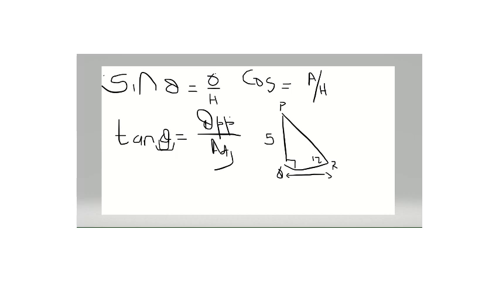So you can see that QR is adjacent because it is next to, it is adjacent to 12 degrees. The other side that you are given is PQ. PQ is 5, and PQ is opposite 12. So you should use a trigonometric ratio that has adjacent and opposite.